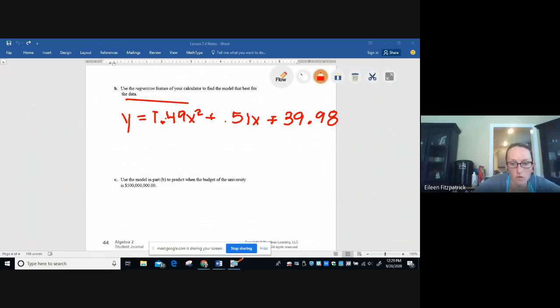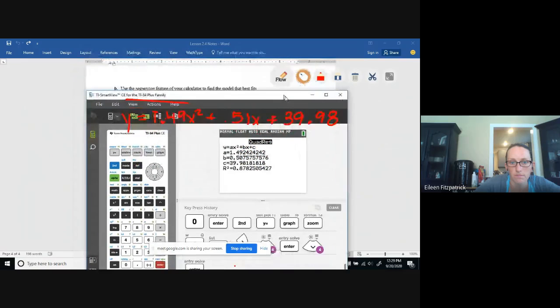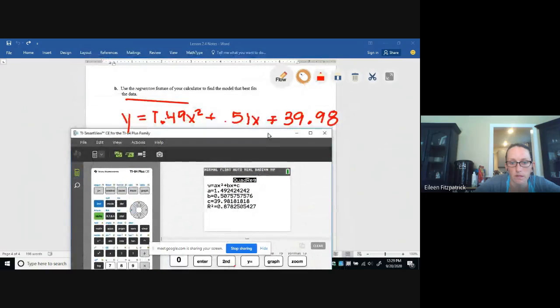Okay, if I pull up my calculator again and show that data again. All right, so that would be the line of best fit.